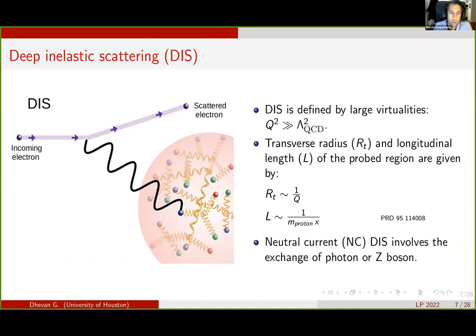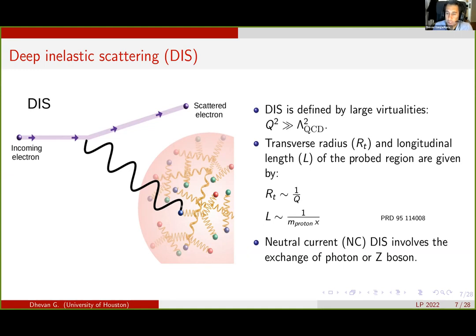That's the case where the exchanged photon between the incoming electron and the proton is very virtual, so the Q squared is much larger than Lambda QCD squared. In this case, it probes a very small region of the proton, hitting one quark, for instance. The dimensions of this region are roughly inversely related to Q squared.